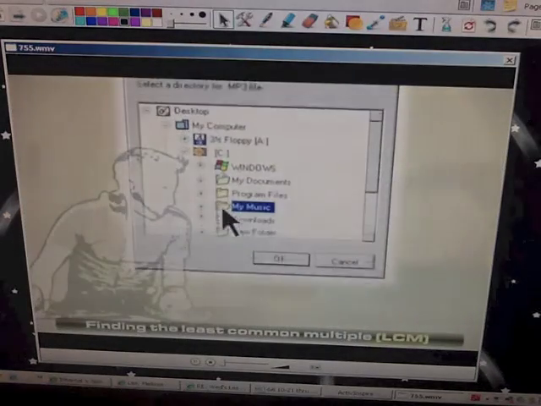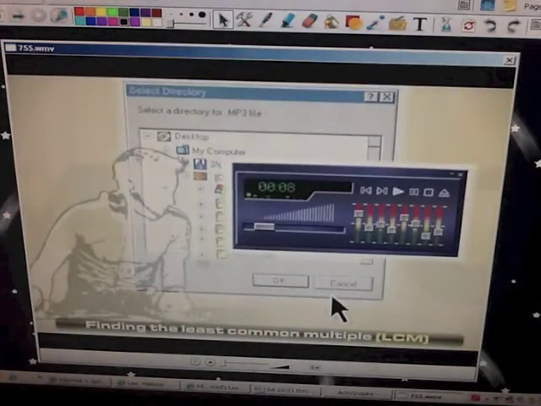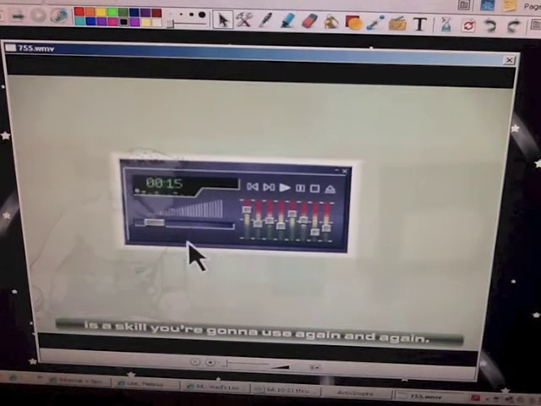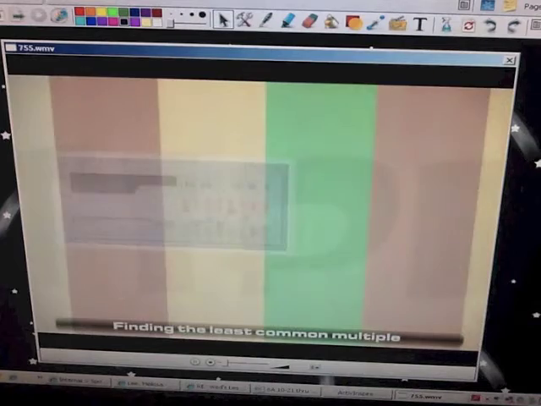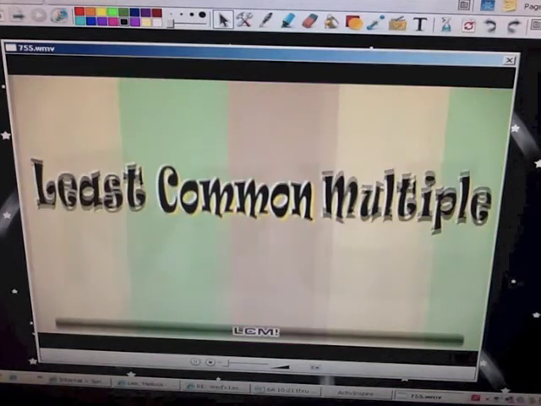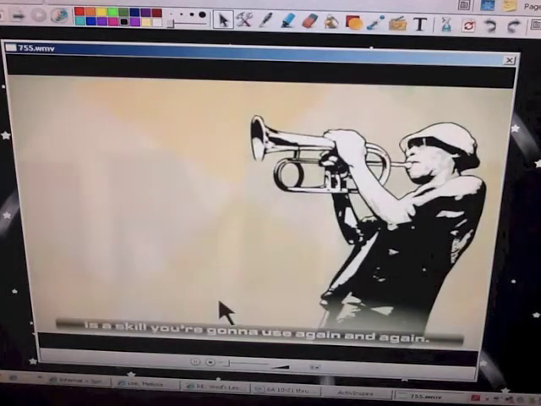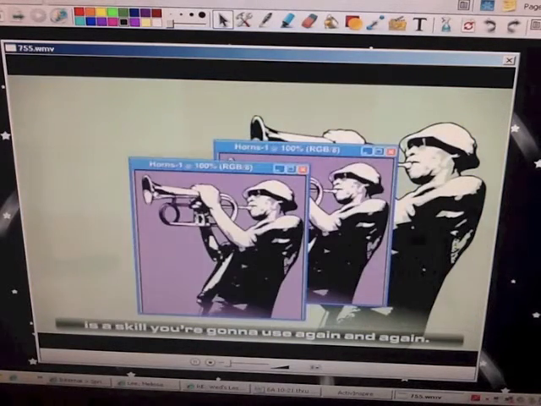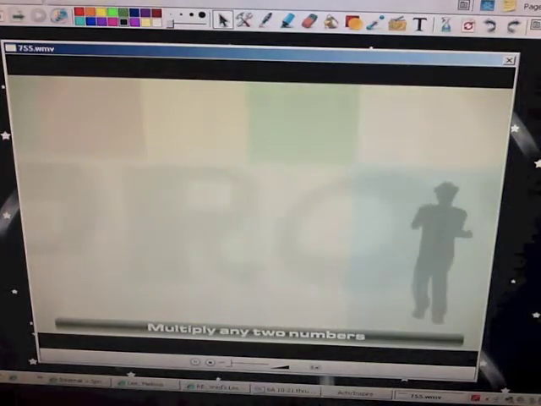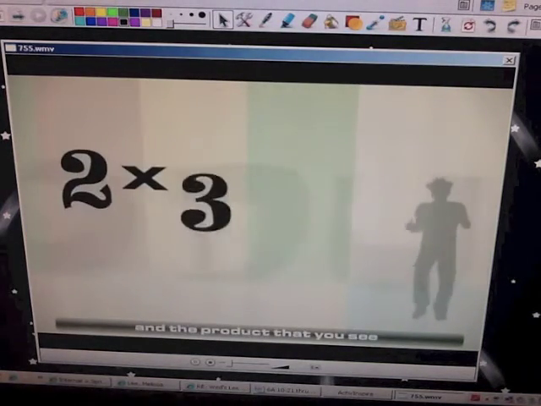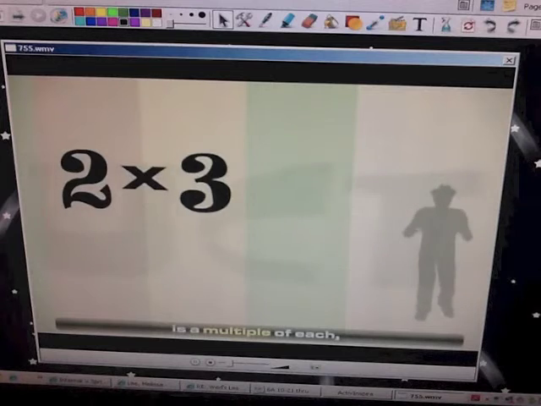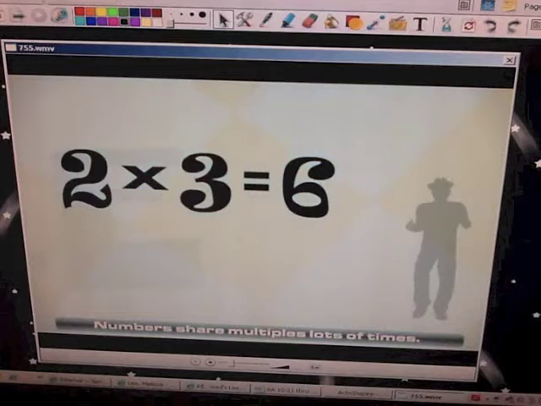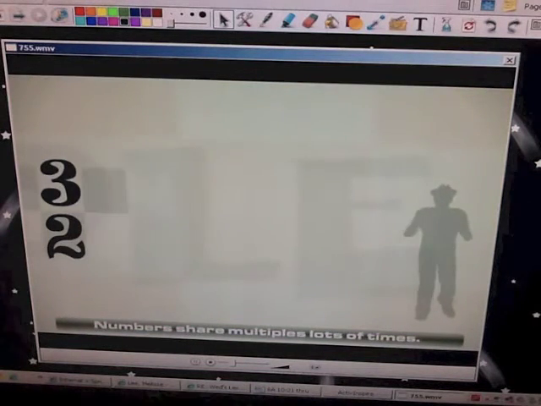Finding the least common multiple, LCM. It's a skill you're gonna use again and again. Multiply any 2 numbers and the product that you'll see. If the multiple of each, like 6s for 2 and 3, numbers share multiples lots of times.